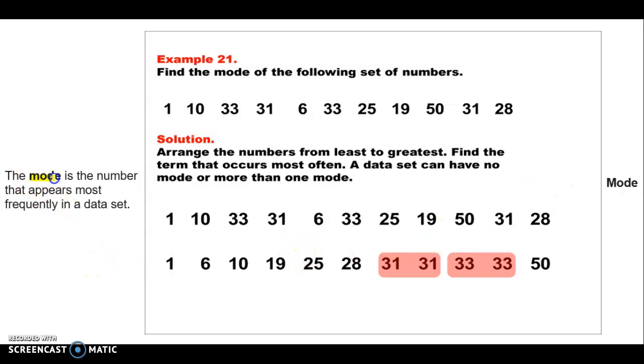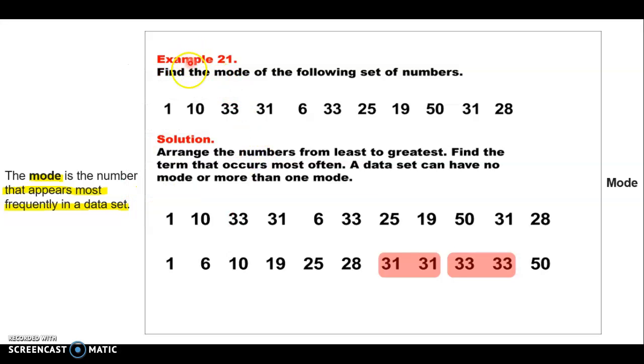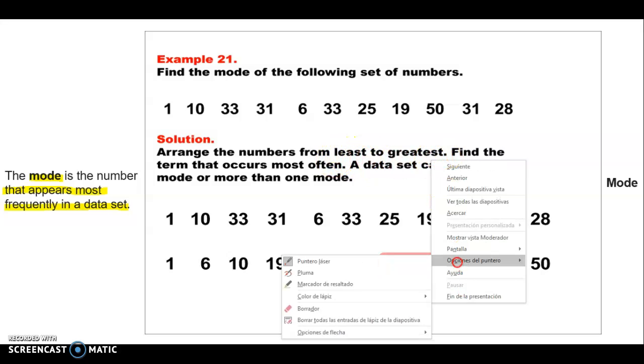Now this is the mode. This is the number that appears most frequently in the set. So we have to find the mode. First, we have to arrange numbers from least to greatest.